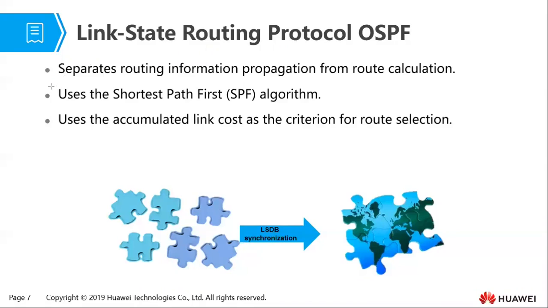Number two, it uses the shortest path first algorithm, SPF. We're going to look at how routers calculate SPF, but in particular, I want to mention that when a router is calculating SPF, it does this by assuming itself as the root.